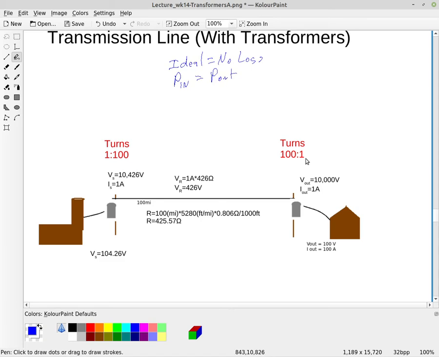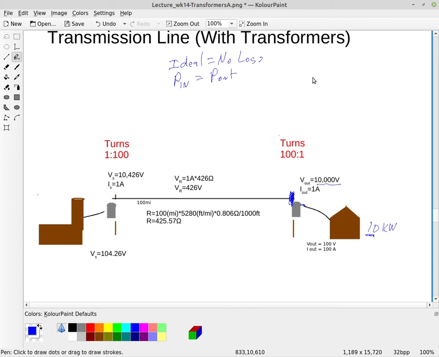We already said that at my house I'm using 10,000 watts, 10 kilowatts. So if we use a transformer and we step up the voltage, on the power side they're going to step up the voltage. So on the high side of the transformer, they're giving me 10,000 volts.